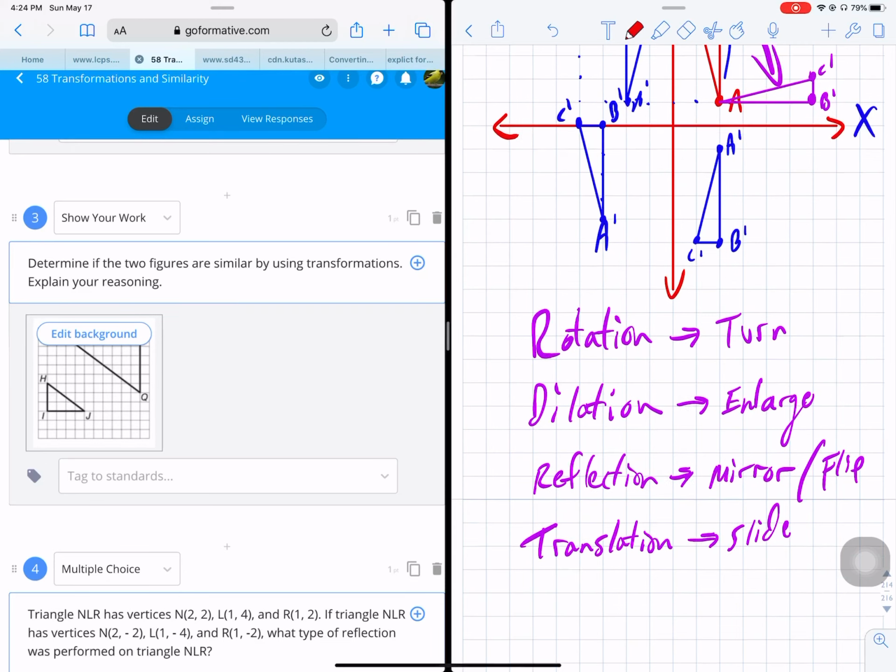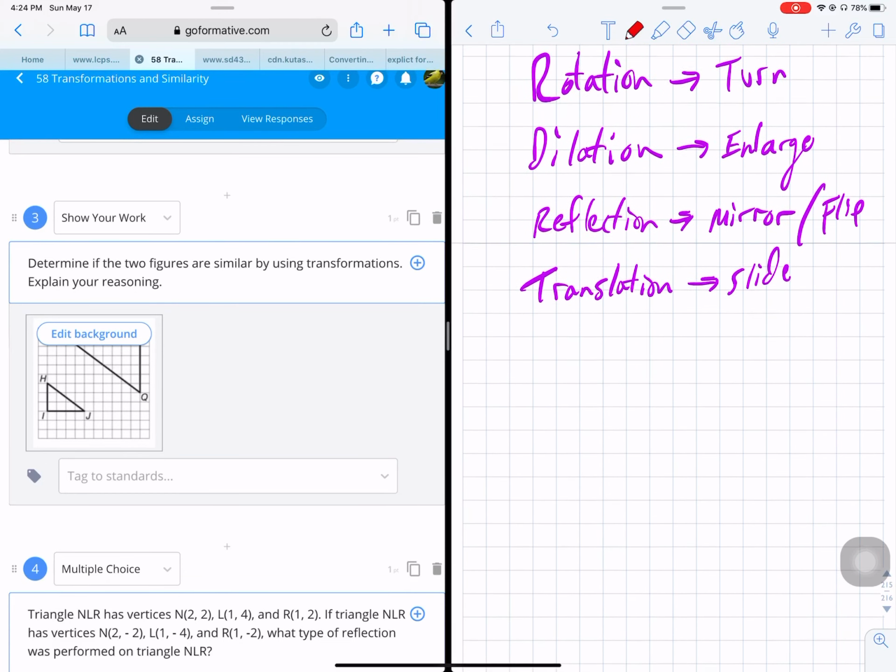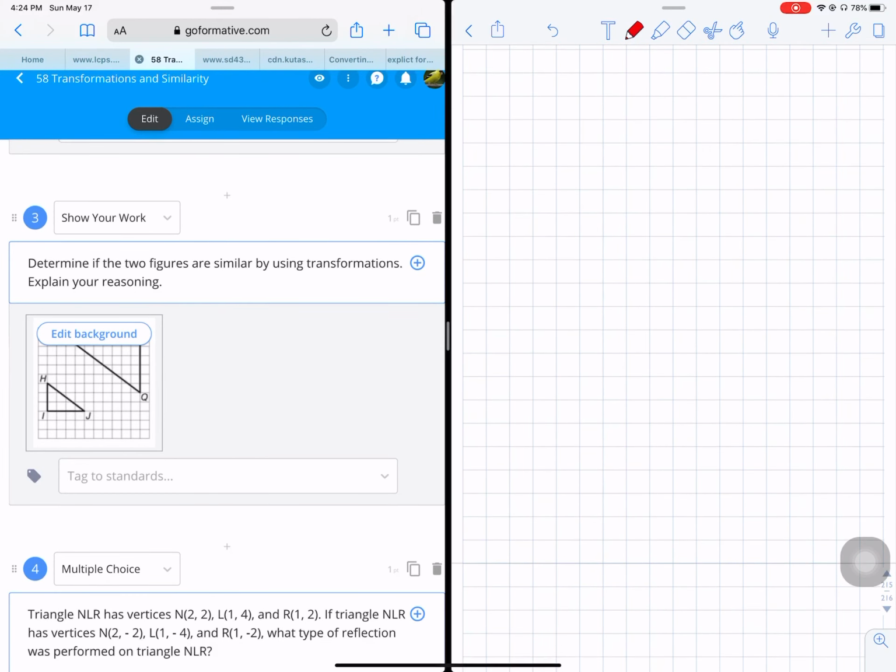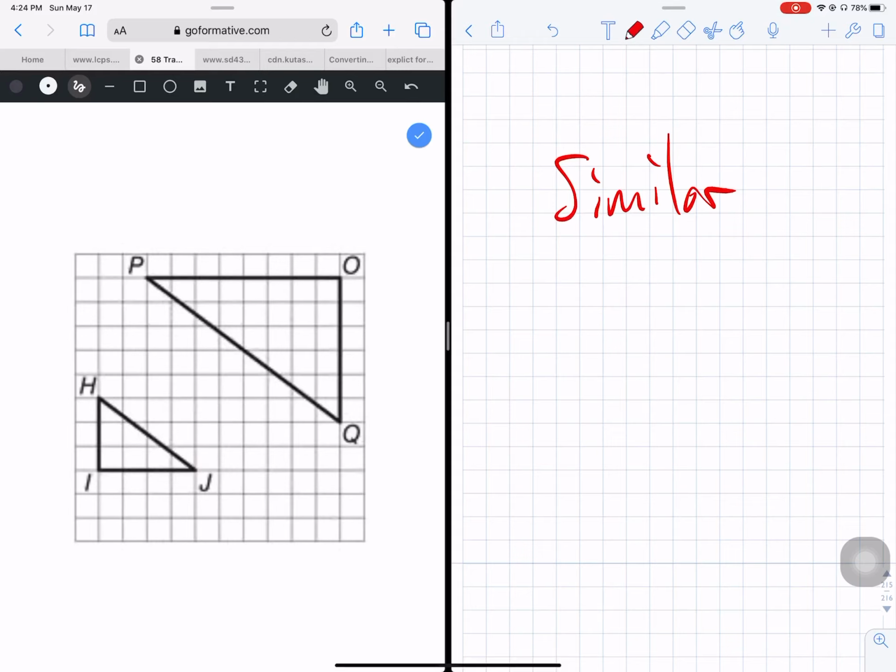Explain the reasoning. Do you remember what we talked about, similar and congruent? The lesson I taught, you guys really understood similar triangles, similar shapes. You really need to look at the sides of the shape and count the sides and see, okay, this triangle is a what by what.